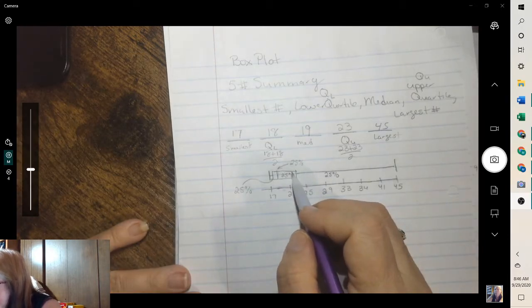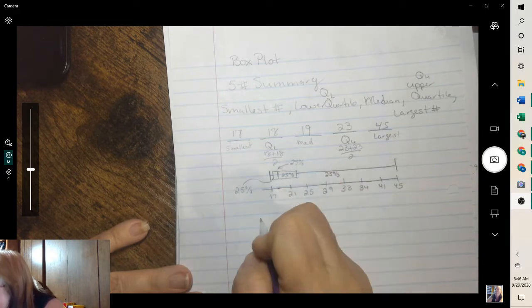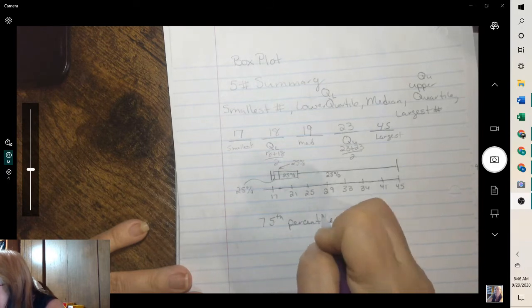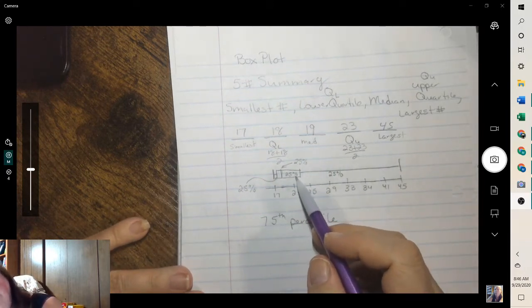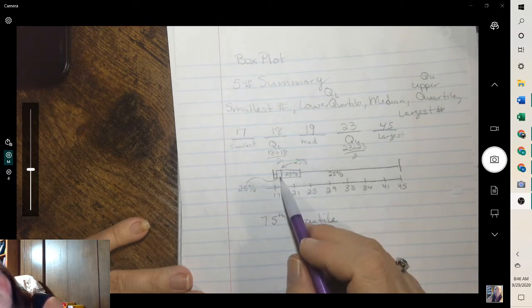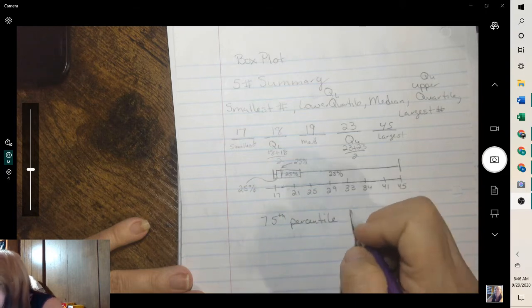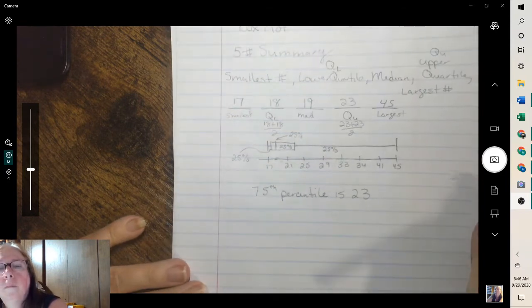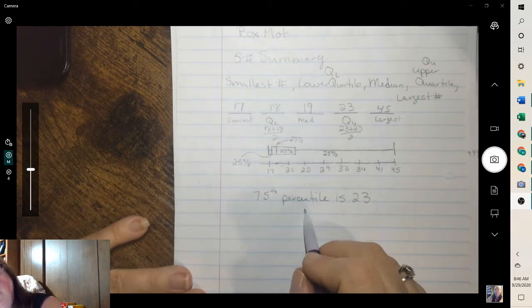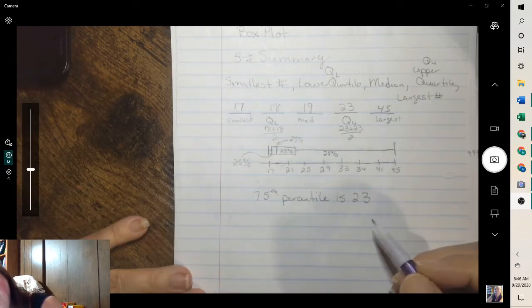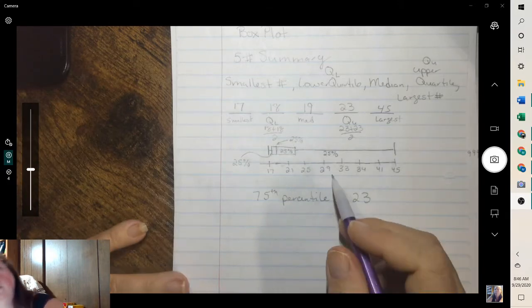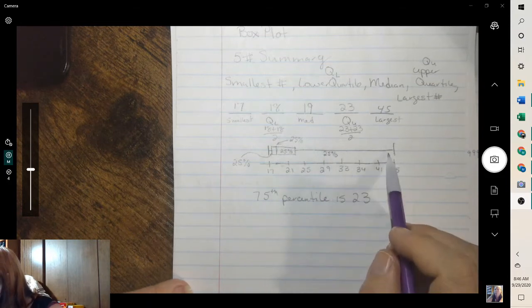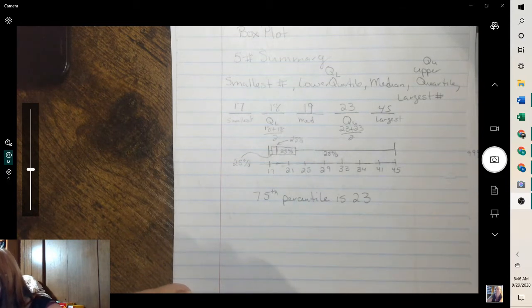The 23 is the 75th percentile, because 75% of the data is below it. 25, 25, and 25. 75% of the students are under the age of 23, and 25% of the students are above 23.